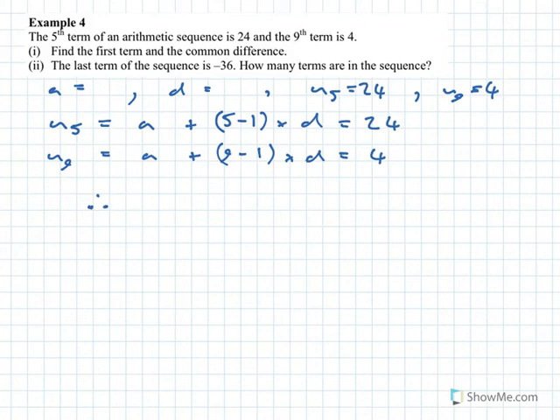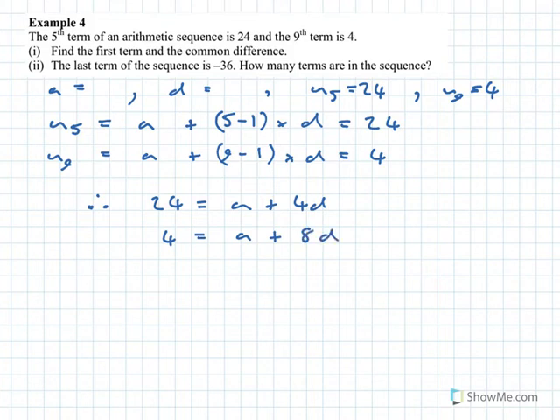So those two things together mean we've got 24 is equal to A plus 4D, and 4 is equal to A plus 8D.